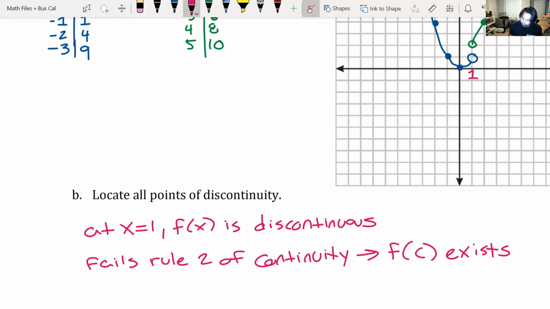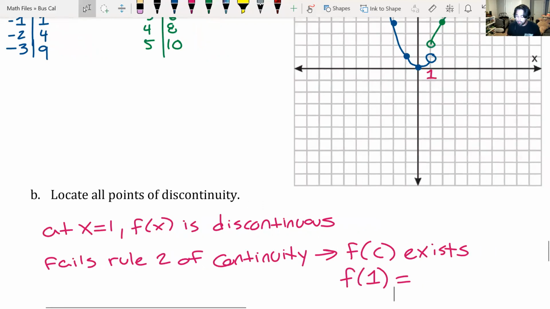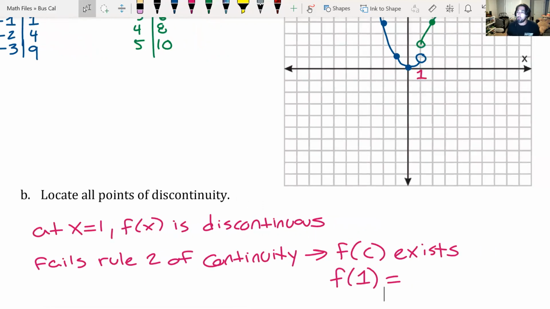Well, if I said what is f of 1, look at what happens when you have x at 1. Do we have any point that's defined? We have an open circle, therefore no point is defined, therefore f of 1 would be undefined, which is a fail, which makes f of x discontinuous at x equals 1. Okay.